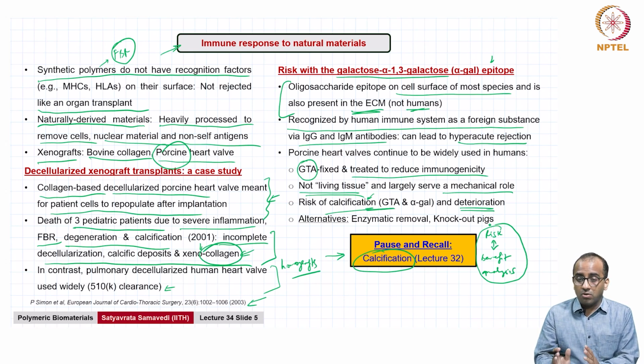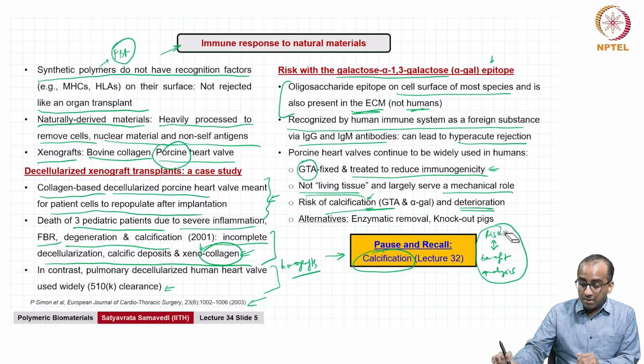So, that is why in older patients typically the porcine heart valves are used quite well and they are successfully deployed as well. And any potential concerns with immunogenicity is largely taken care of through glutaraldehyde treatments, and any potential calcification that can occur is also likely not as high as you would see in metabolically active younger patients.